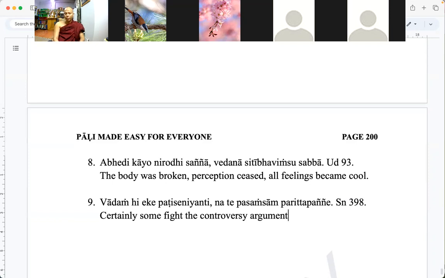So actually we can have a chance to discuss that. So we can propose our idea, or say the one is not so suitable because of that, because of this, and so on. But instead of positive discussion, some are trying to blame. So that's why the controversial argument means trying to blame.